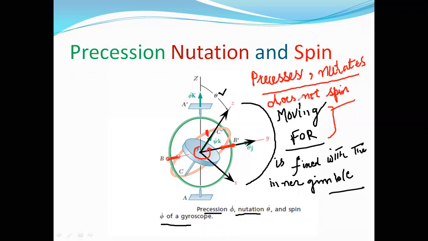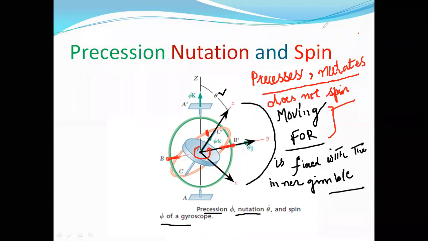So these are the two motions. In a nutshell, we can simply say that the inner gimbal does precess, the inner gimbal does nutate, but the moving frame of reference does not spin at all.